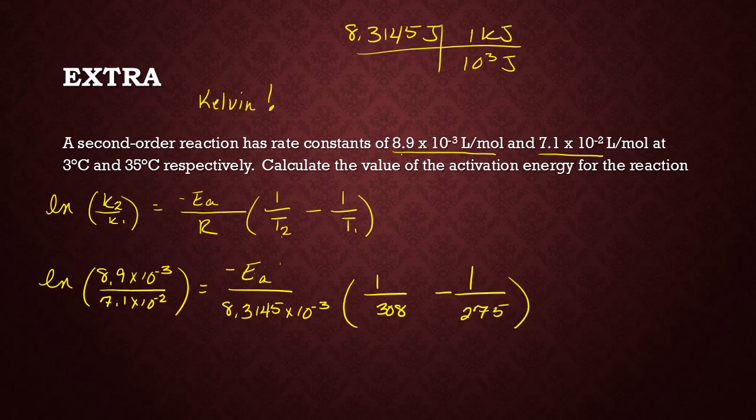Now all you have to do is solve for E sub A. And for this one, negative 2.077 equals negative E sub A over 8.3145 times 10 to the negative third multiplied by, and we end up with negative 3.896 times 10 to the negative fourth.